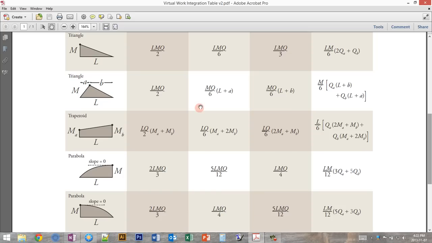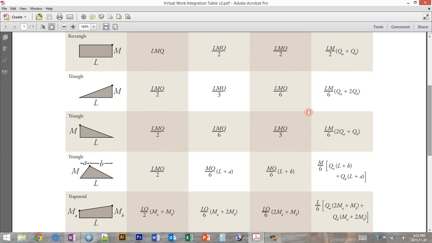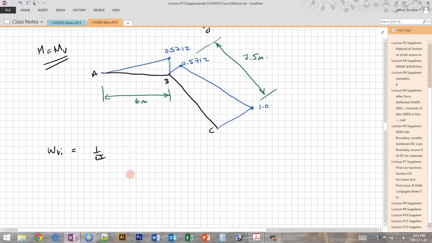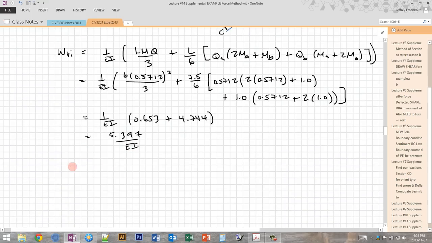And so we can look at our table, triangle times triangle, right, is equal to LMQ over 3, and trapezoid times trapezoid is this equation down here. So let's fill that in. And if we do that, we get that the internal virtual work is 5.397 divided by EI.